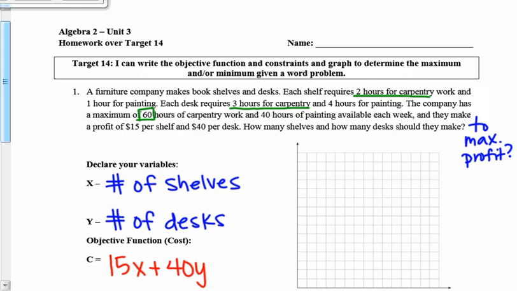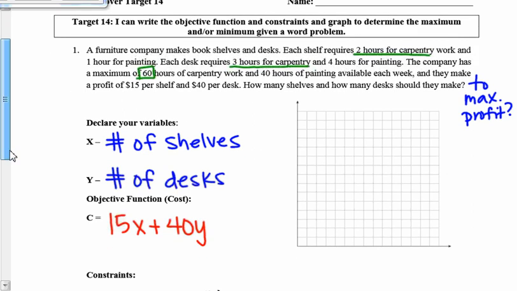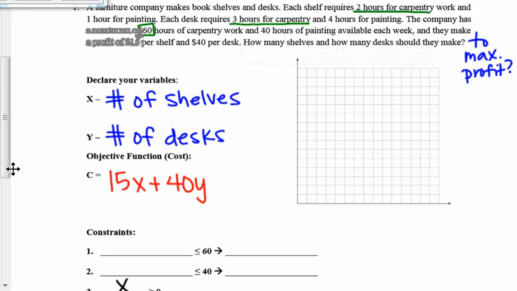So 2 hours of carpentry work per shelf and 3 hours of carpentry work per desk has to be less than or equal to 60. It can't be more than 60 because this company only has 60 hours to work with. So 2x plus 3y. 2 hours per shelf, and 3 hours per desk of carpentry work.